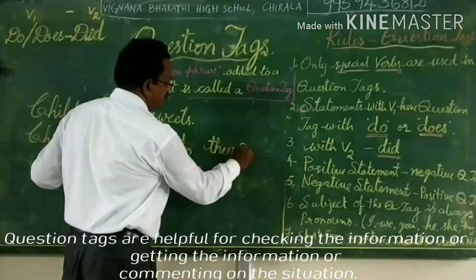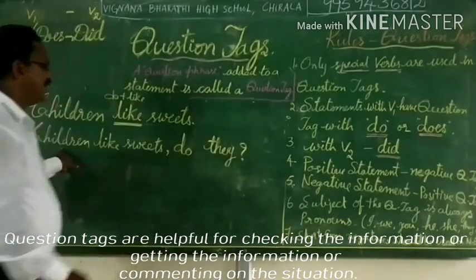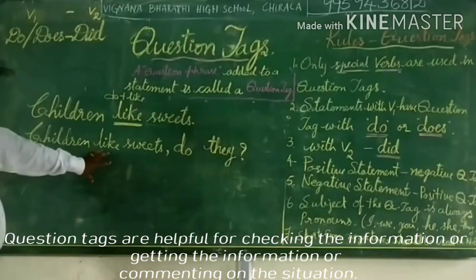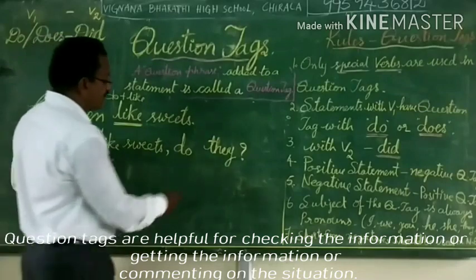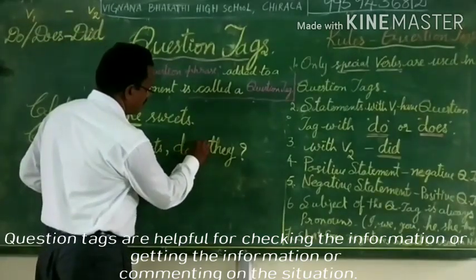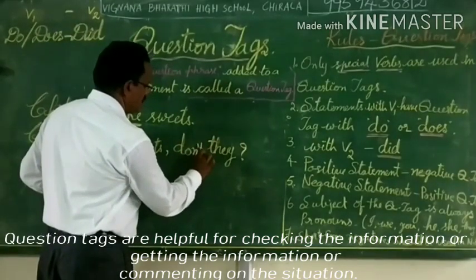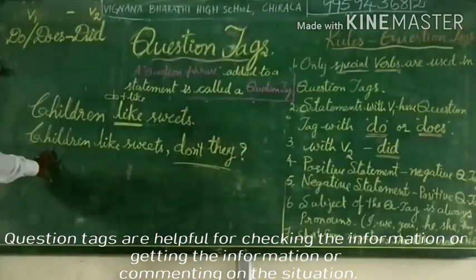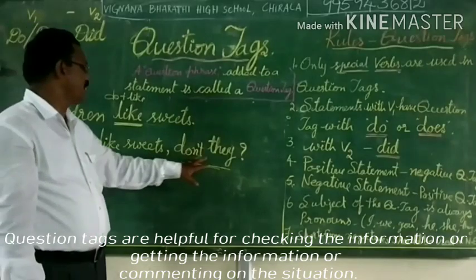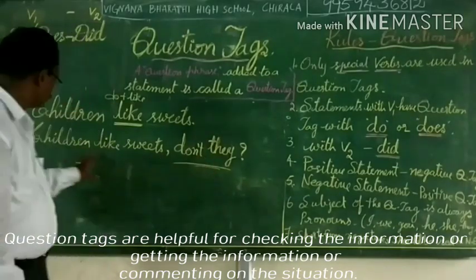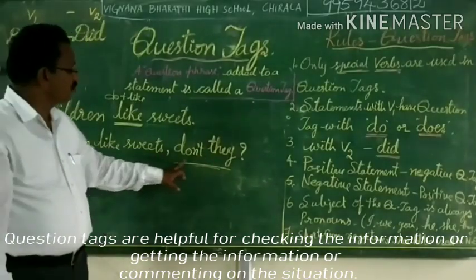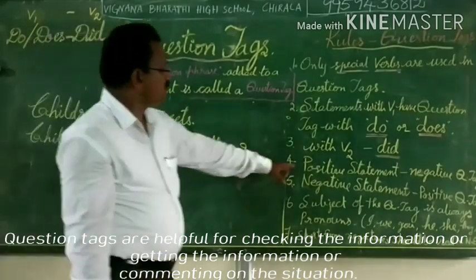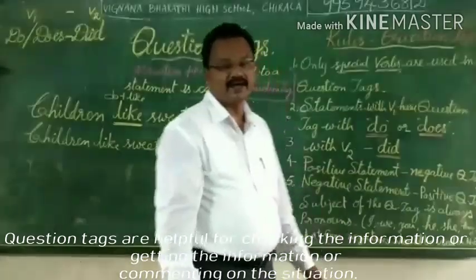For children, what is the pronoun here? They. The sentence is positive, so this is a positive statement, that is why we write a negative question tag. Don't they? Children like sweets, don't they? The statement is positive, the question tag is negative. So a positive statement gets a negative question tag.